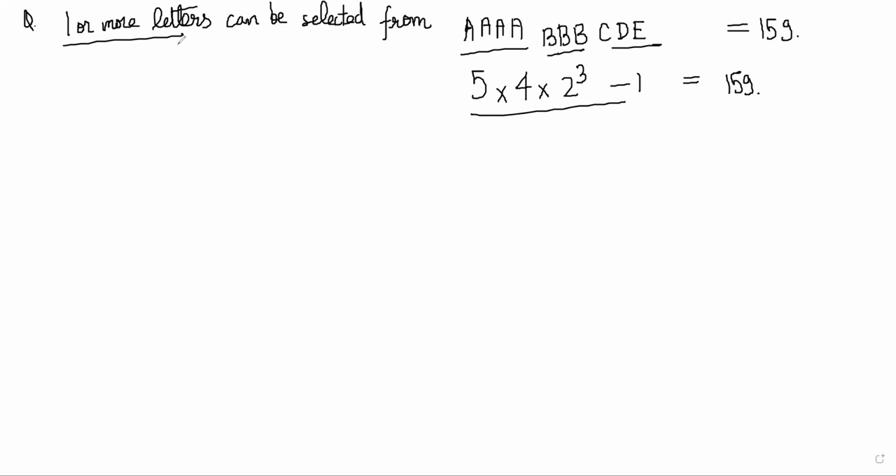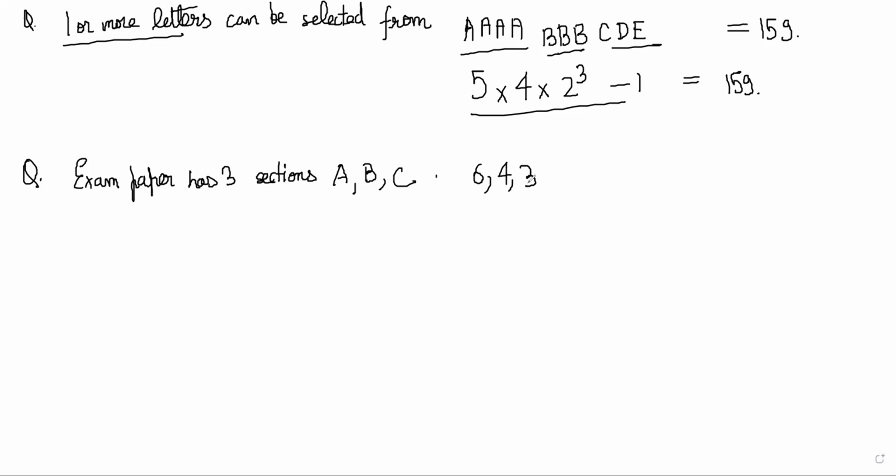Okay. Then now question is: an exam paper has 3 sections A, B, C. There are 6, 4, and 3 questions respectively in the three sections.